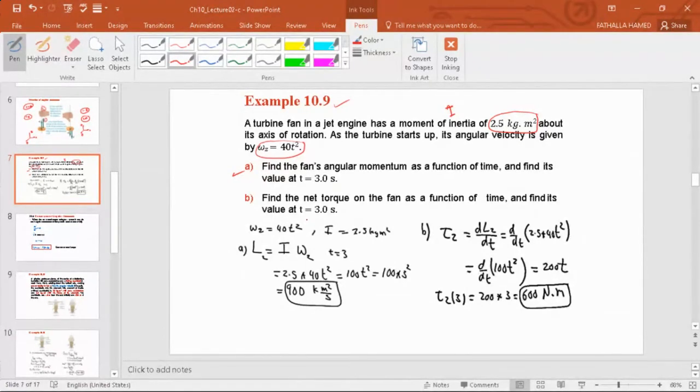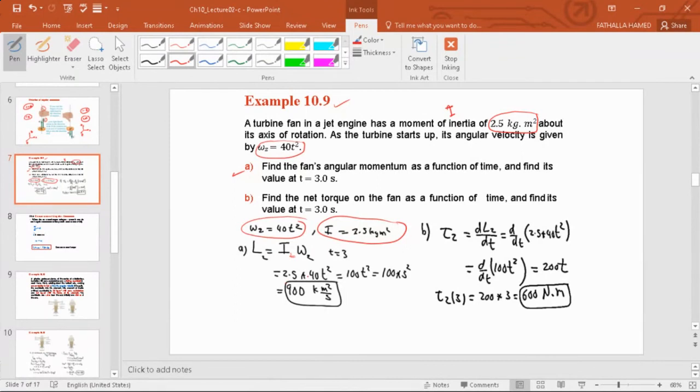We're given omega z, which is equal to 40 t squared, and we're given Iz, which is 2.5 kilogram meter squared. By definition, angular momentum is equal to I omega, but since it is rotating around the z-axis, Lz will equal Iz omega z.